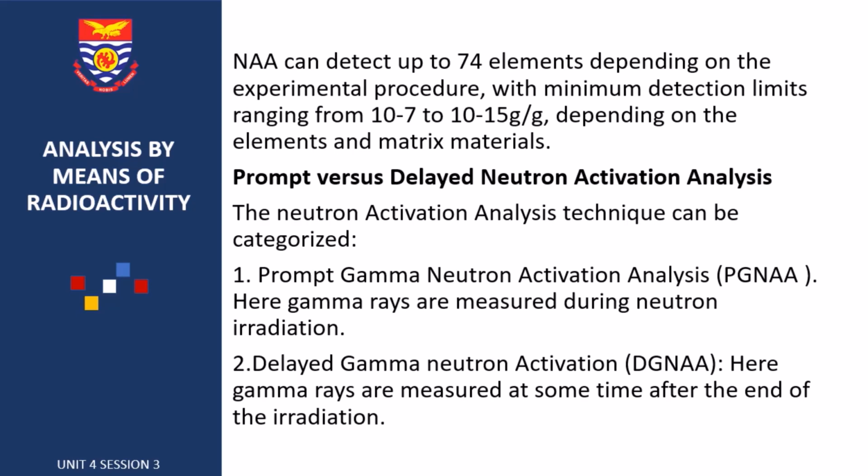The PGNAA technique is most applicable to elements with extremely high neutron capture cross-section. Also, elements which decay too rapidly to be measured by the DGNAA can be measured by the PGNAA.